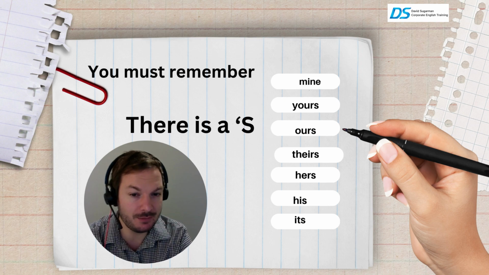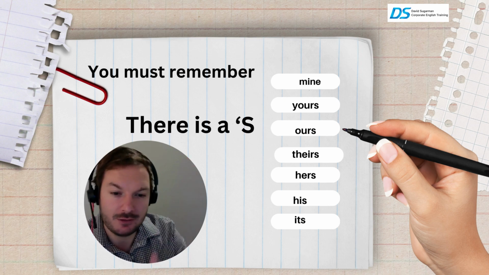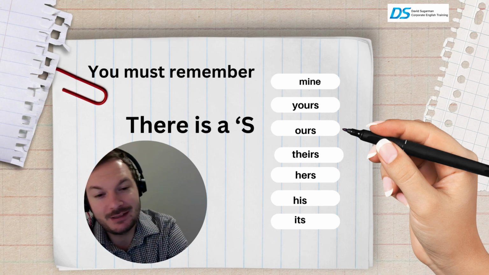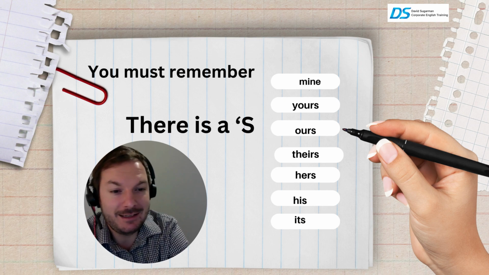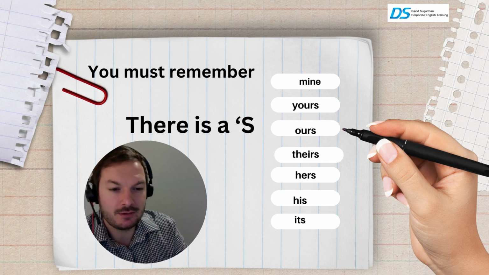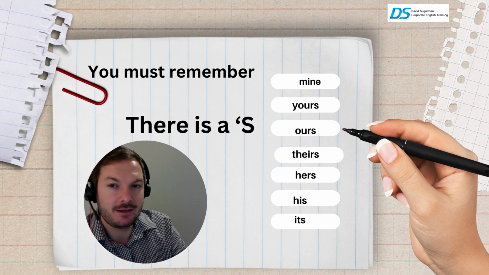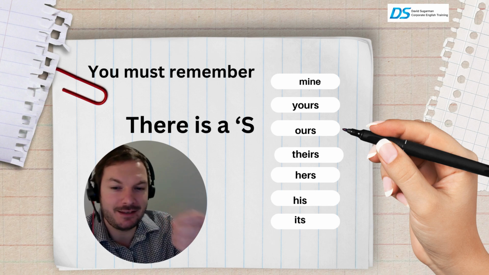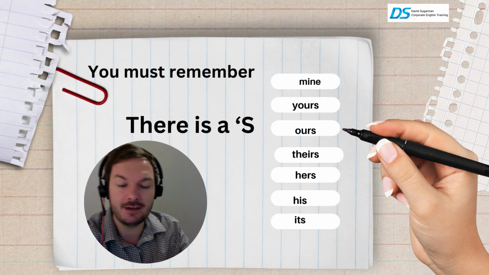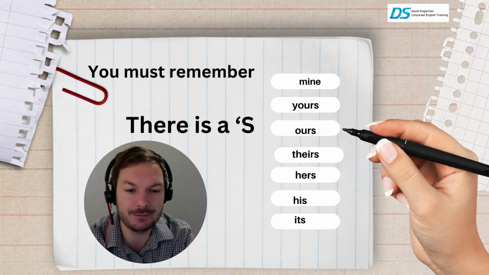You must remember there is an S on most of these over here to the side, besides mine and his, but it's yours, ours, theirs, hers, its. It's that possessive S that's there. For example, David's cup. Instead of saying the cup of David, I'm saying David's cup.